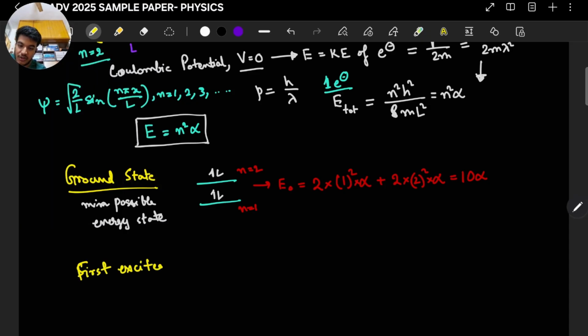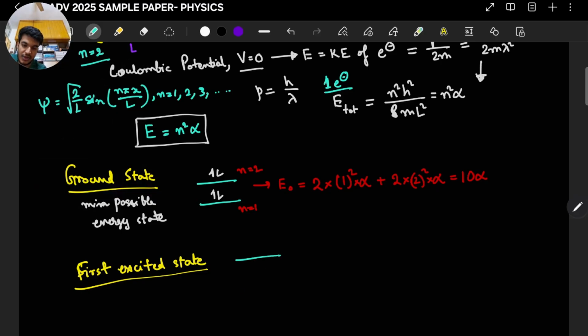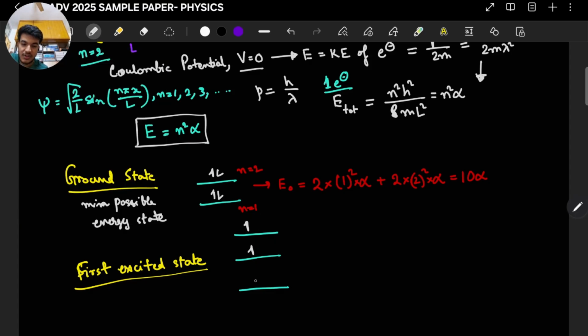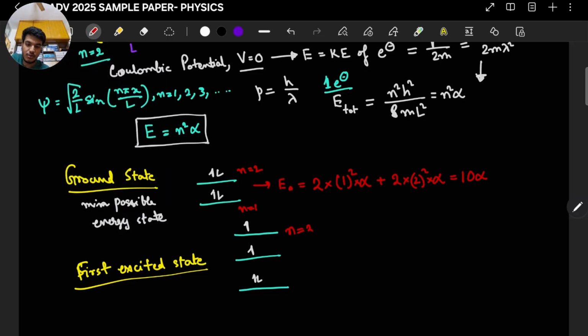We know that excitation of an electron can always happen from the outermost shell, because that is electrostatically possible or favorable. So if I excite one electron from the second orbit, it happens like this. This would correspond to my first excited state, which is n equal to 3, n equal to 2, n equal to 1.